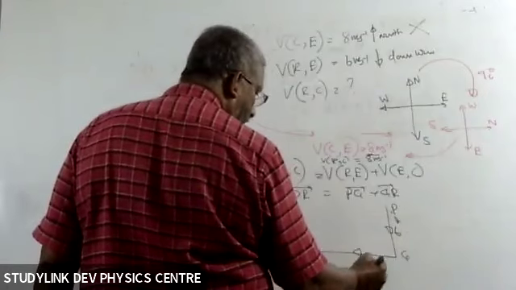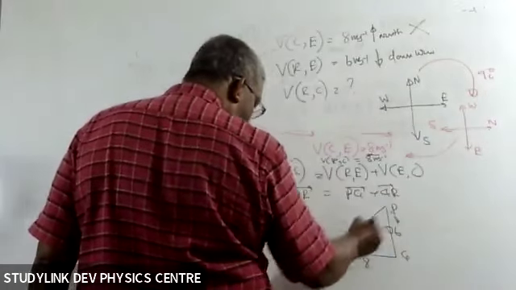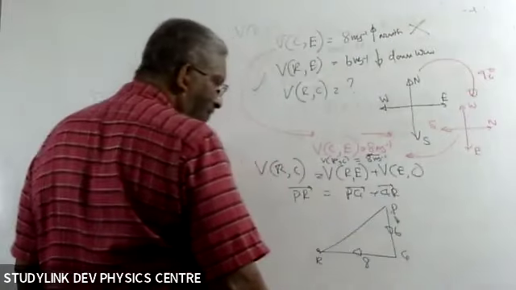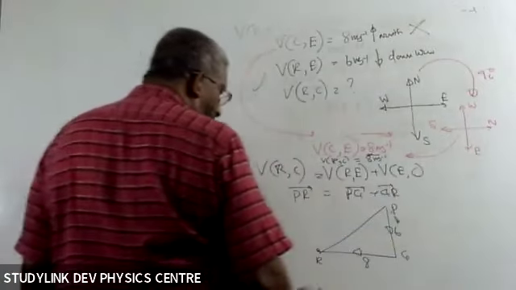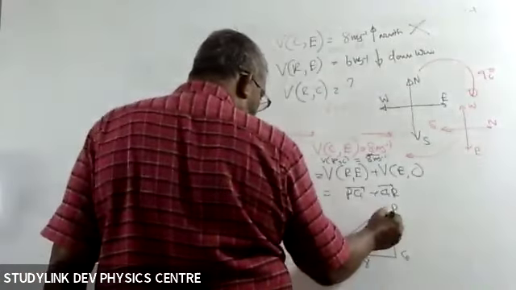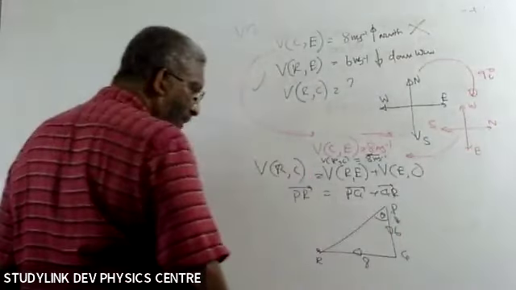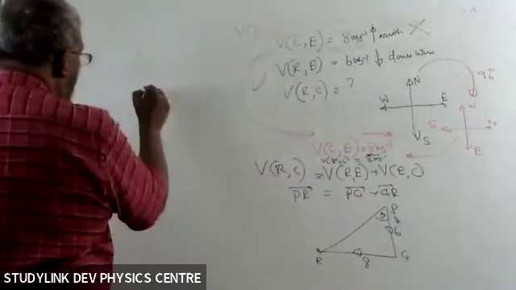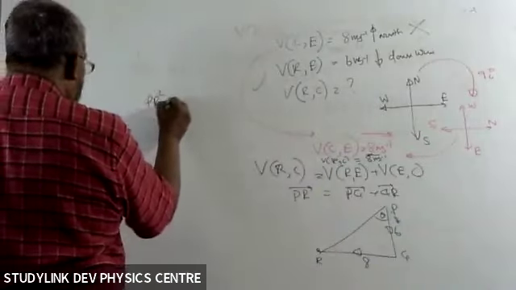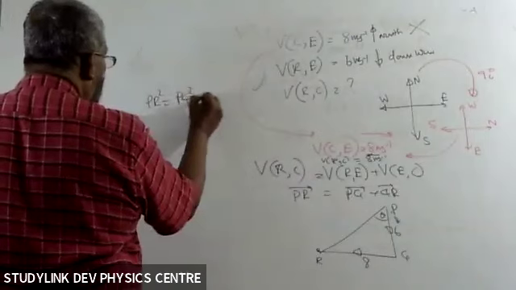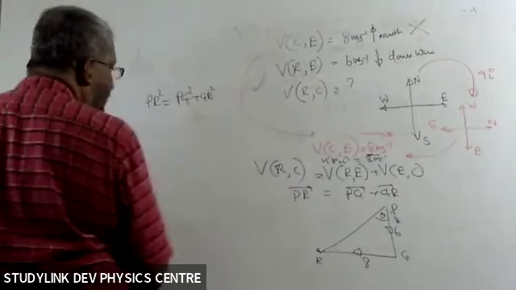This is 6, this is 8. Then PR is that. Then we have to find this angle. You can use Pythagoras for PR. PR squared is equal to PQ squared plus QR squared.